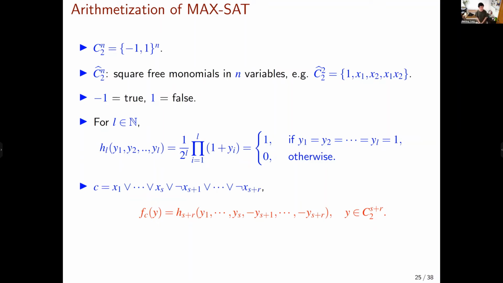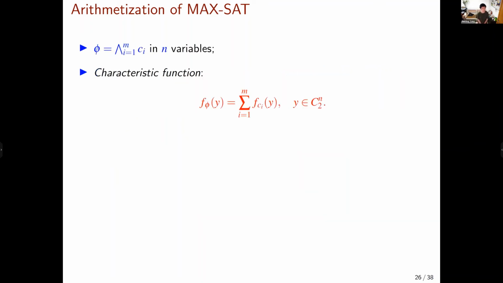And for a clause C equal to the disjunction of x1 to xs and not x_{s+1} to not x_{s+r}, we define the function f_C equal to the function H_{s+r} of y1 to ys and -y_{s+1} to -y_{s+r}. For a CNF formula phi, we define the characteristic function of phi to be the sum of the f_{C_i}.